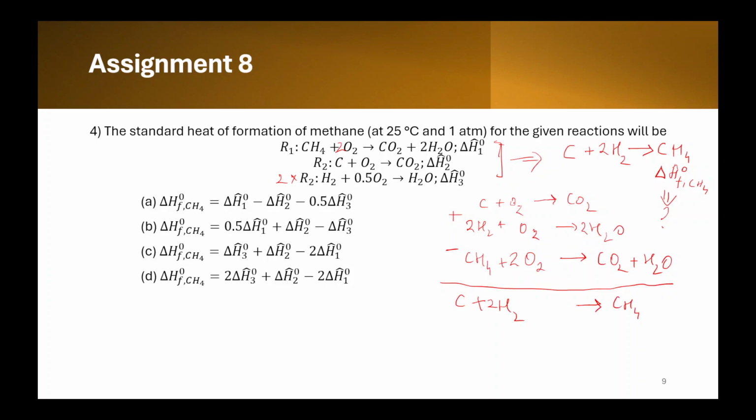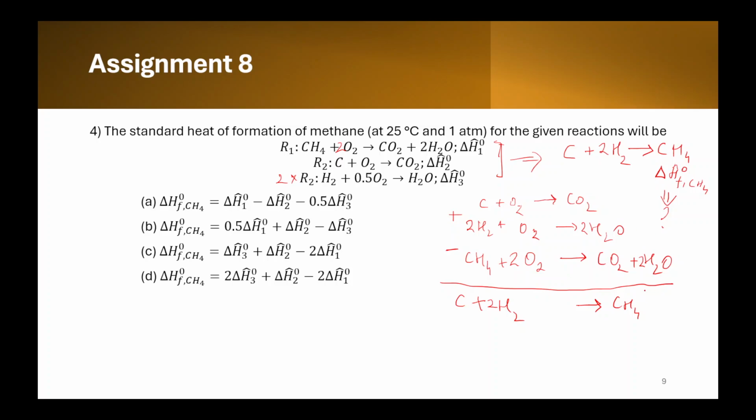These basically get cancelled because this will be 2O2 minus 2O2, so nothing here. And on this side, CO2 gets cancelled, and this is 2H2O, sorry again. So CO2 gets cancelled, 2H2O gets cancelled.